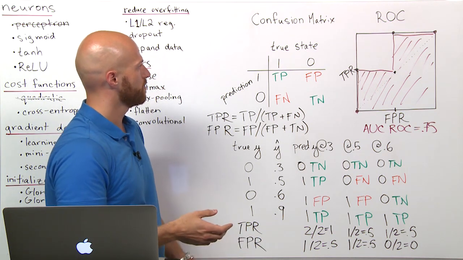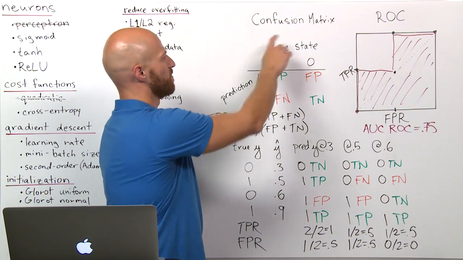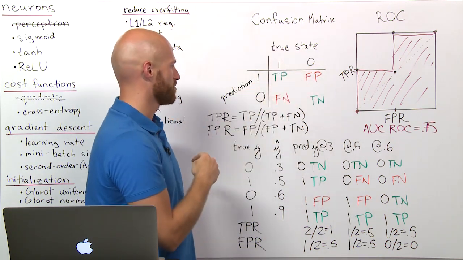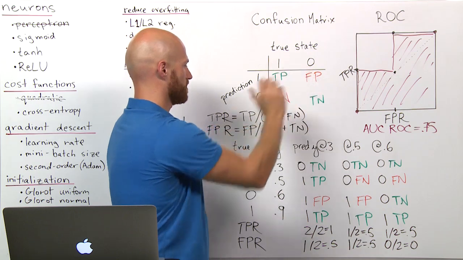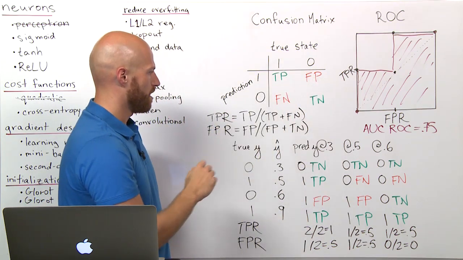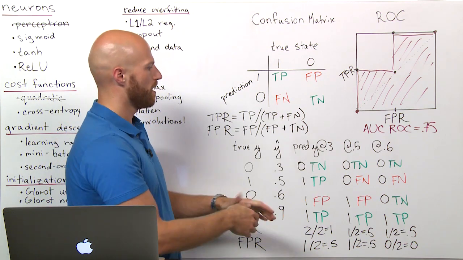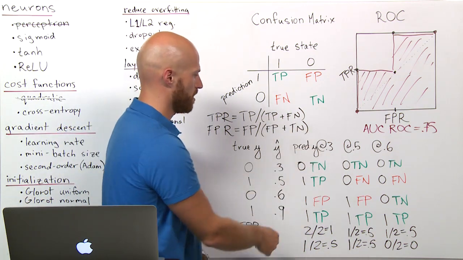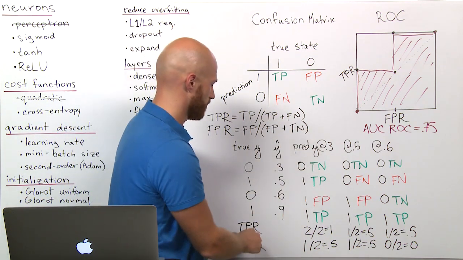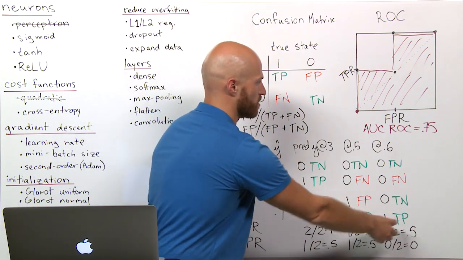So there you go. We've talked about the confusion matrix, which is this matrix right here. We've talked about how we go across all of the thresholds that are output, that are predicted by our model, to calculate true positive rates and false positive rates at each of those thresholds.